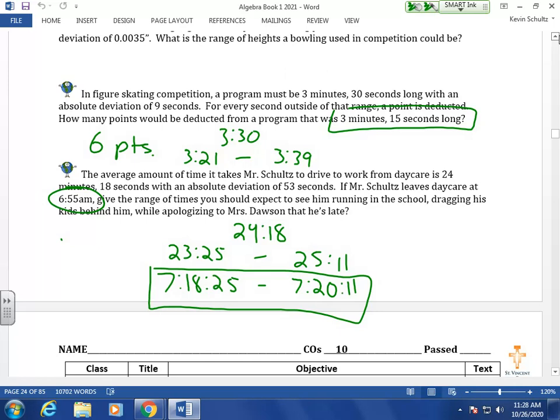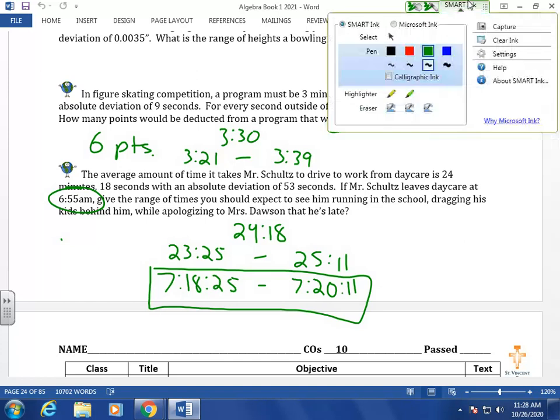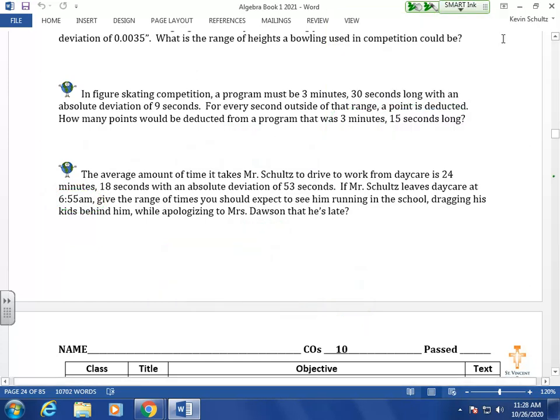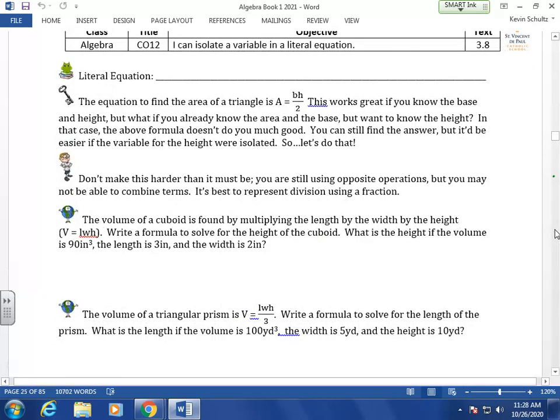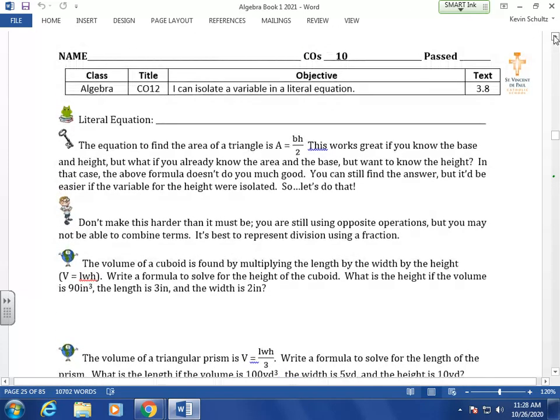Okay. Any question on absolute deviation? All right. We are going to deviate from this for a moment and go to solving a literal equation, which is CO12. Okay, I didn't get the last one. Well, do you have a question on it? No. Okay.